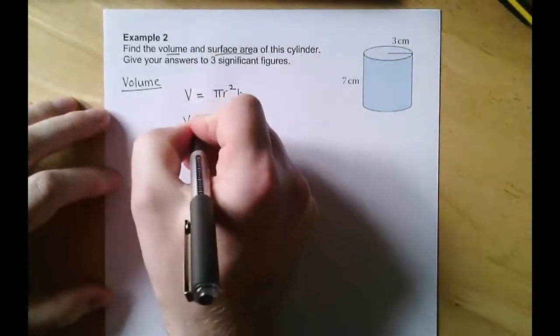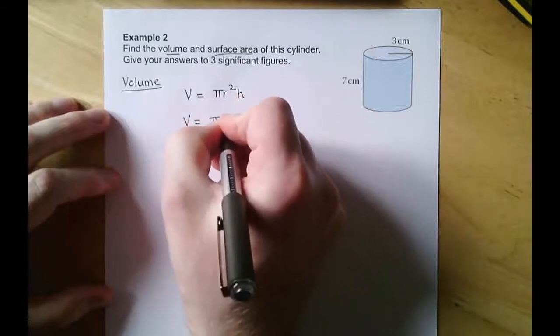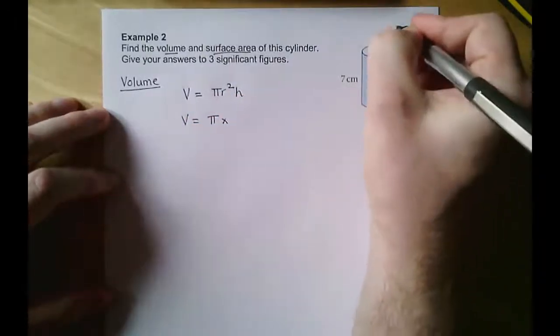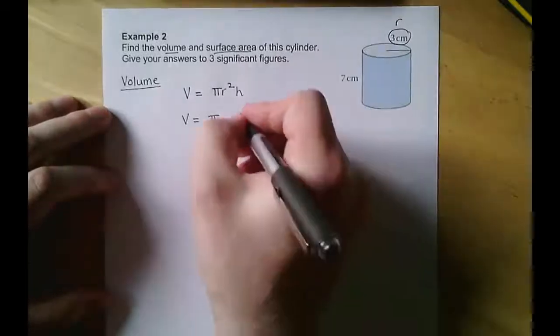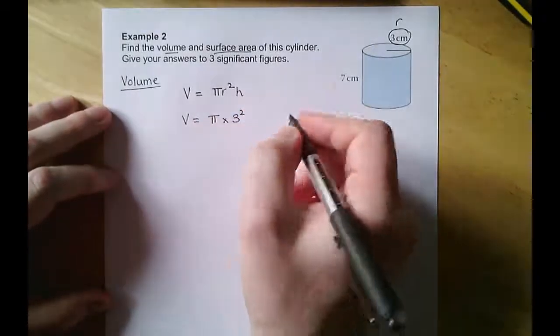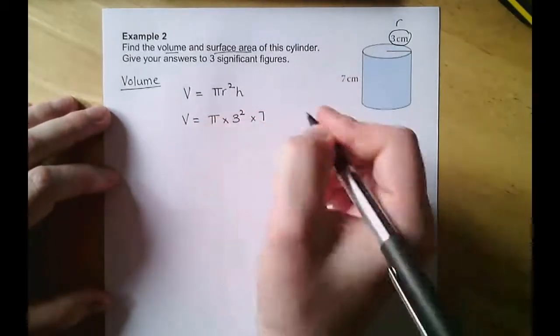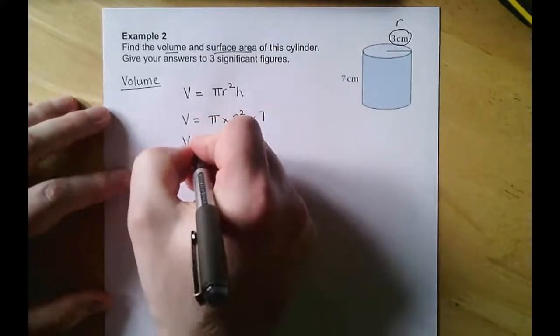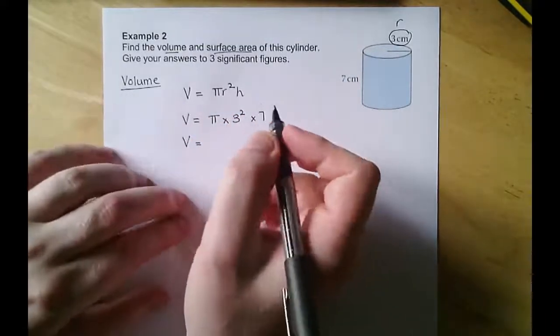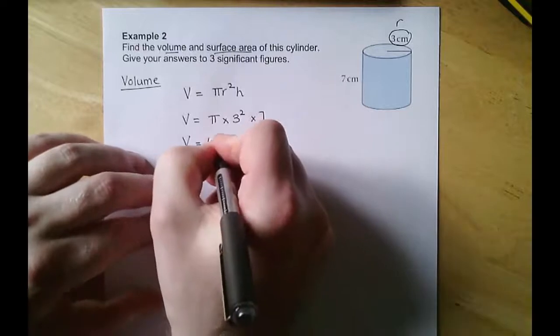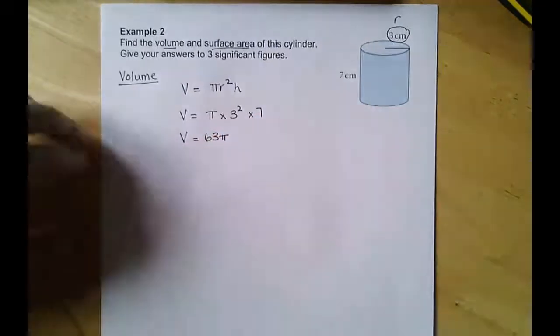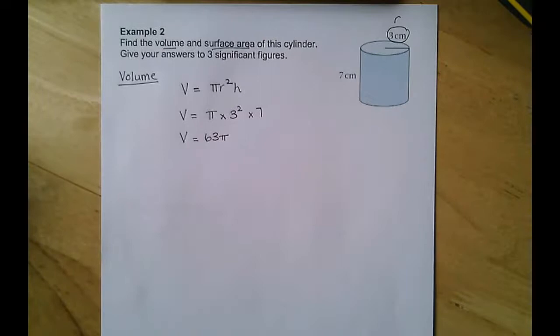So the volume is pi times, I'm told my radius is 3, my height is 7, 3 squared is 9, 9 sevens is 63, so the volume is 63 pi.